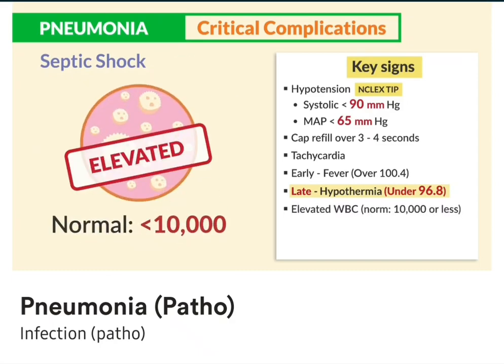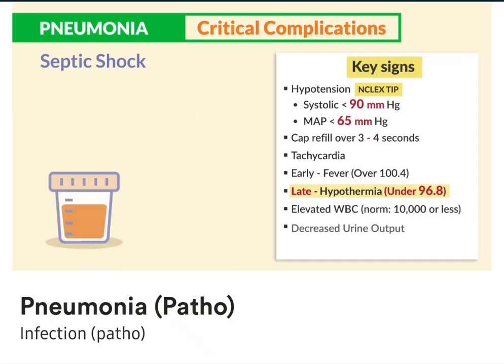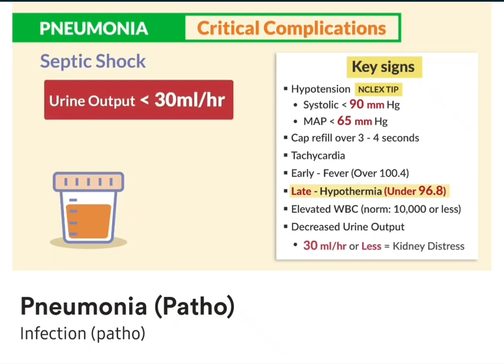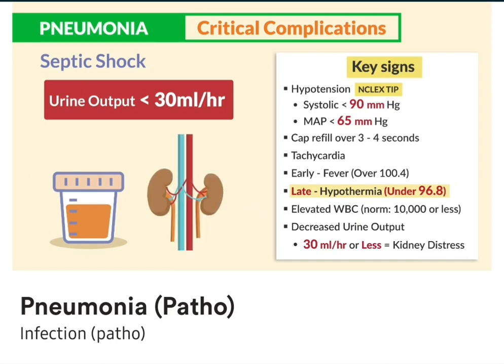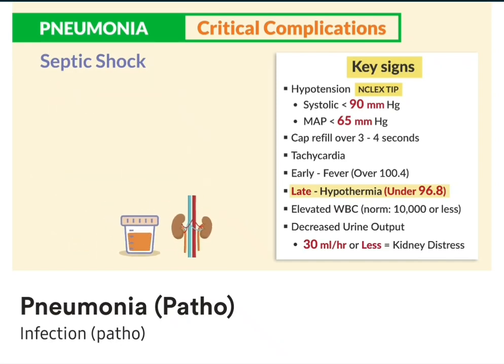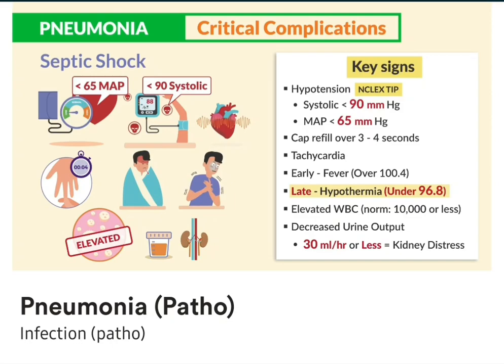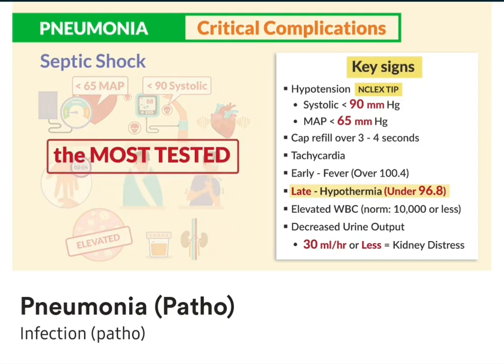And we also see elevated WBCs and decreased urinary output. And the key to know for this is 30 mLs per hour or less typically means the kidneys are in distress. Now write these down. We cover it more in the full video for septic shock, but these are the most tested signs and always love to show up on Select All That Apply questions.